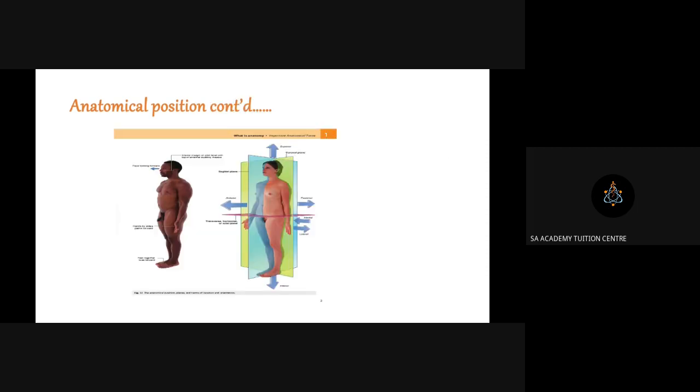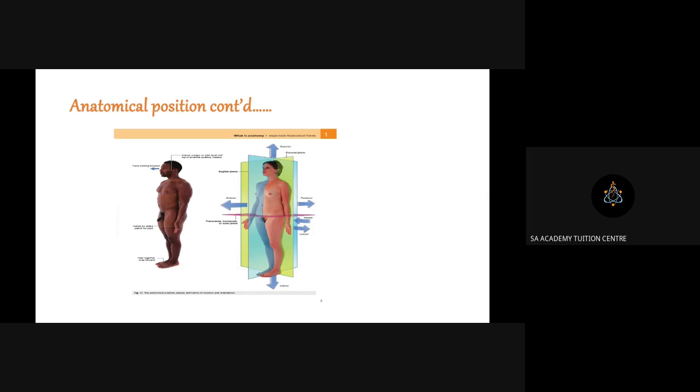Look at that man there, including the lady there. These people are in the anatomical position: standing straight, face looking forward and neutral, hands by the side, the palms by the side of the body, the feet together like that.